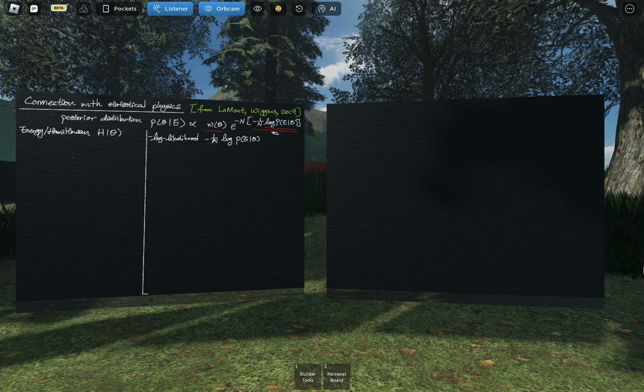Okay, and that also means that we are thinking of the parameters as state variables. It's also denoted as theta.